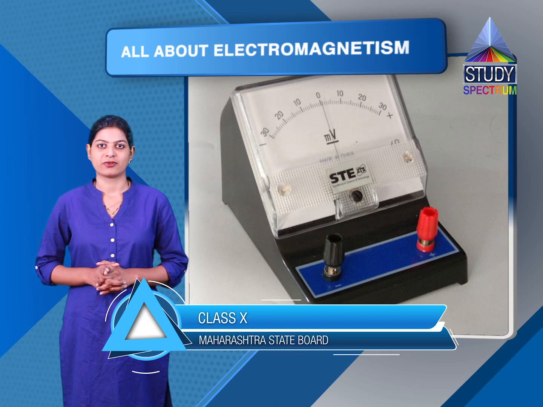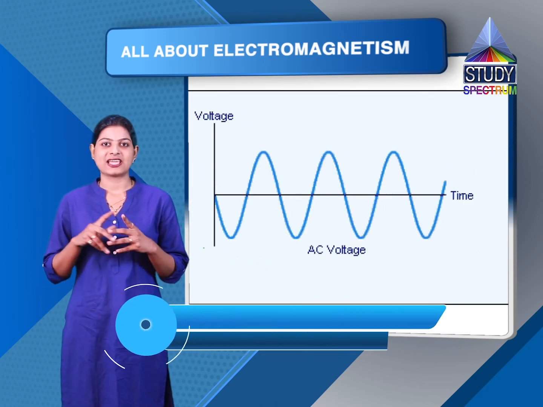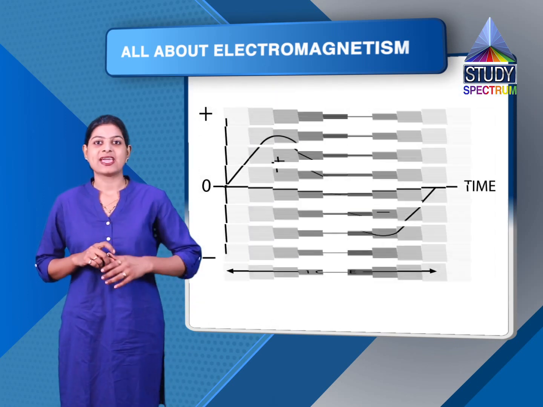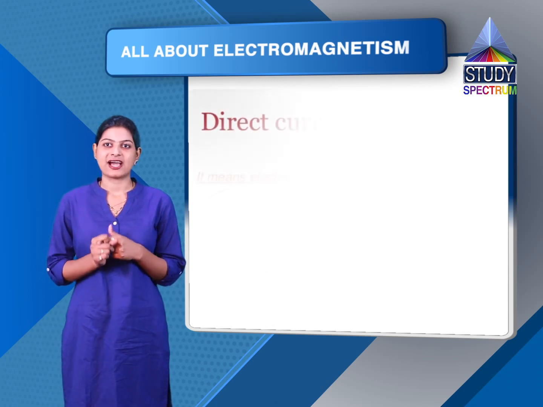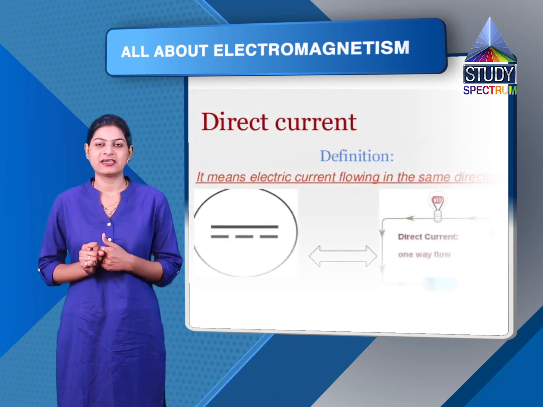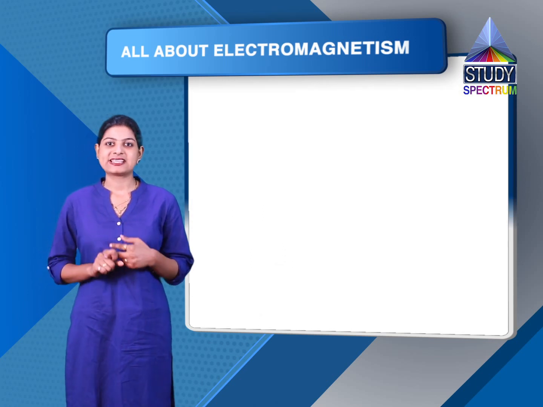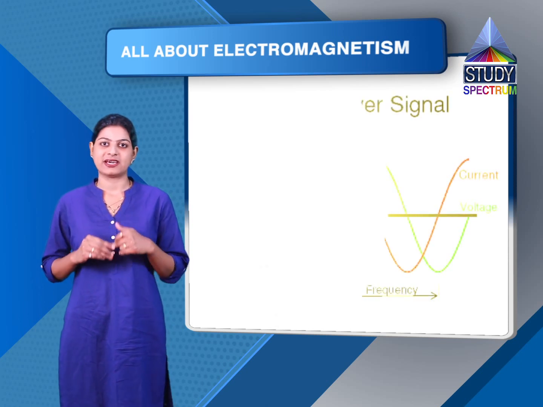It will not move. Current also has two types. Current is either DC or AC. DC means direct current, whereas AC means alternating current. Direct current has a tendency to flow directly, that means without change in the direction, whereas AC current flows with periodic change in the direction.